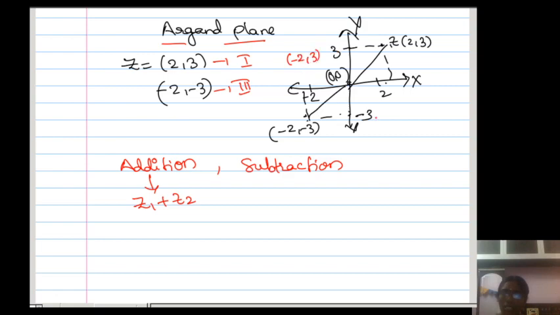Next, in the fourth quadrant, we represent (2, -3). So this is first, third, second, fourth. You know the representation of complex numbers in all the quadrants 1, 2, 3, 4.